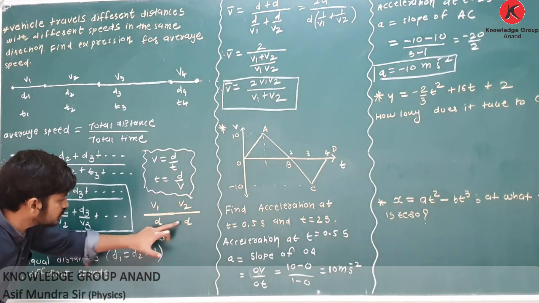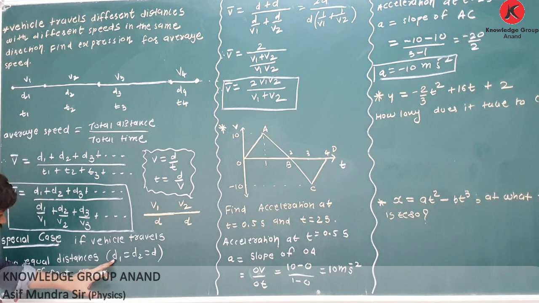See, these two distances are equal, so you can write d1 is equal to d2 is equal to d. So in this equation, first of all you have to reduce it up to d1 plus d2 upon d1 upon v1 plus d2 upon v2, because you are given only two distances. And now you have to put d1 is equal to d2 is equal to d.